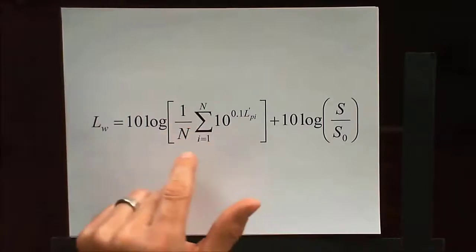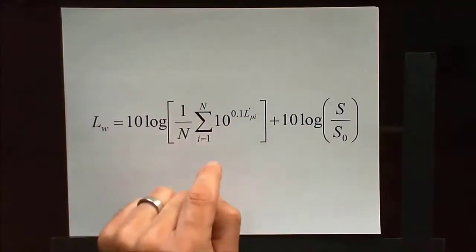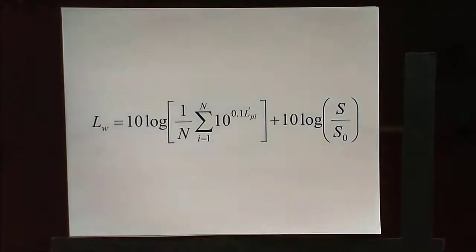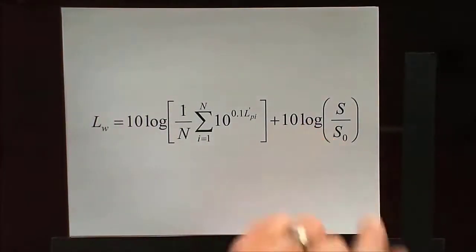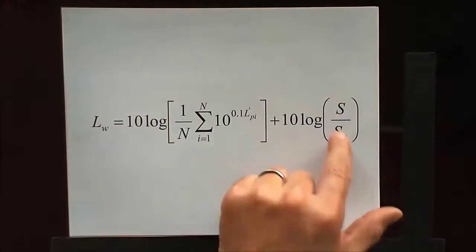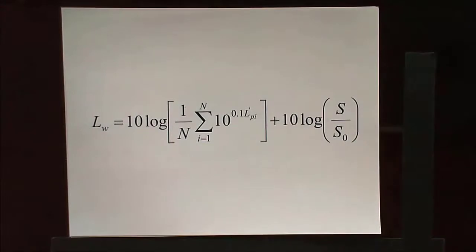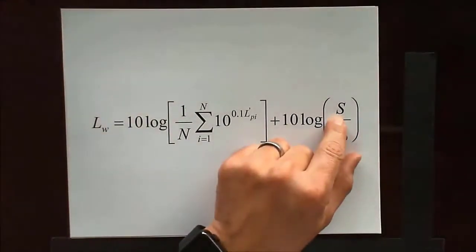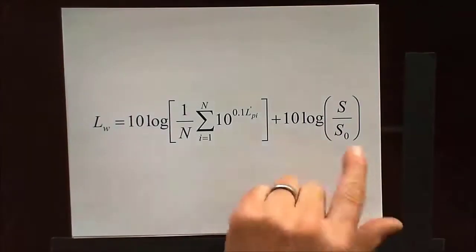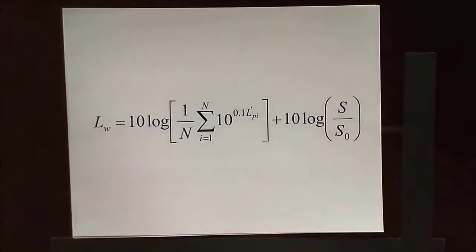Averaging out all the different locations, we're going to get an overall average sound pressure. This is going to take into account the distance of our measurement and correct for this, okay? So this is really, again, just a logarithm of the surface area. S here stands for surface area. So our actual surface area of our hemisphere divided by some reference surface area. This is typically 1 meter squared.